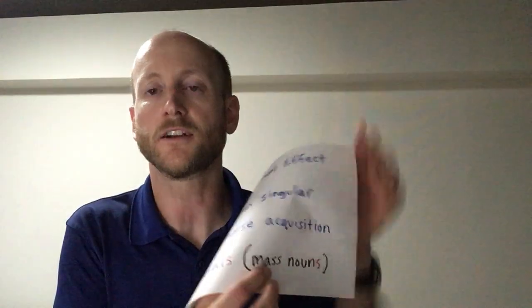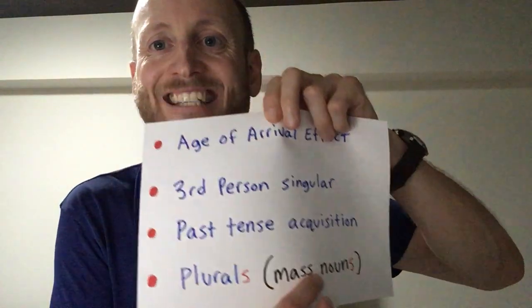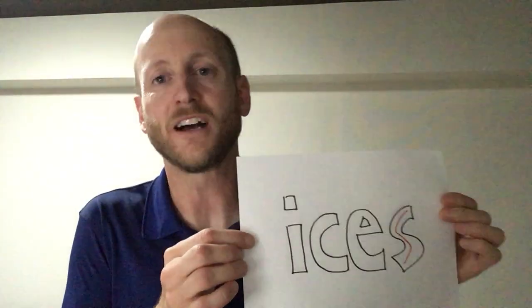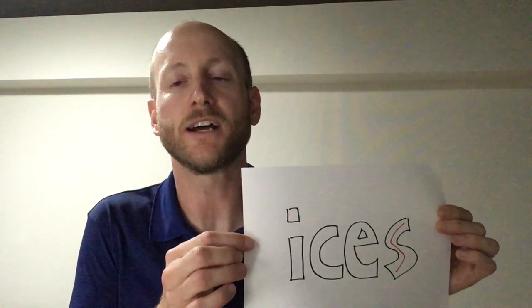And lastly, the last thing I'll take a look at that I found interesting in the research was plurals, in particular the mass nouns. Mass nouns can be nouns such as ice. Learners will often think it's a mass noun, so add an S, right? Ices. So that can be an example. Another example would be pollutions, adding that unnecessary S at the end there.